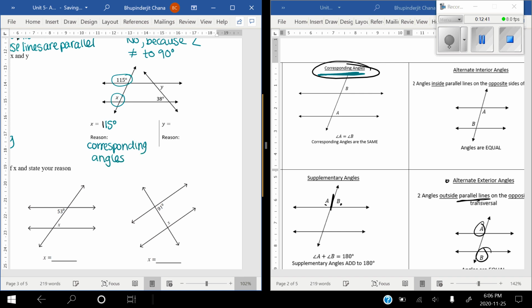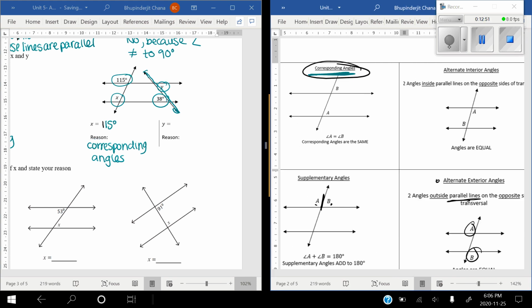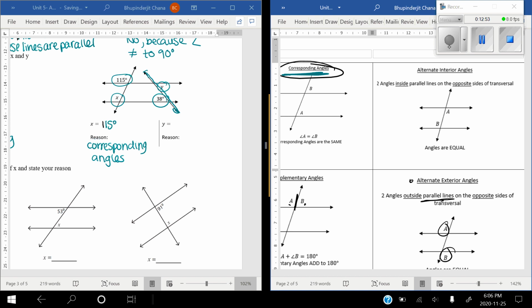Okay, moving to the next line. We have this as our transversal, and we want to look at the relationship between y and 38. I would say that they're alternating interior angles because they're both on the inside, but they're on different sides.